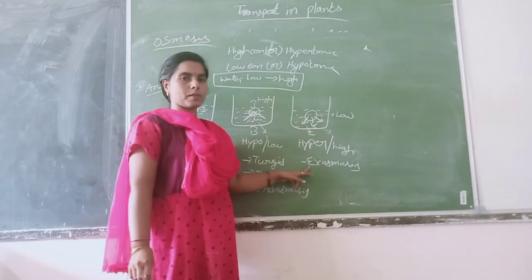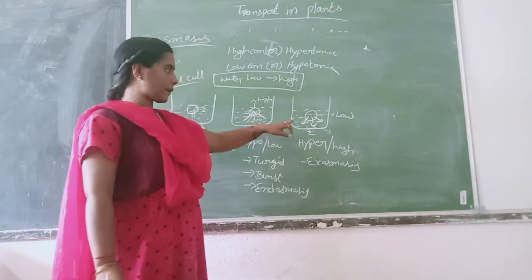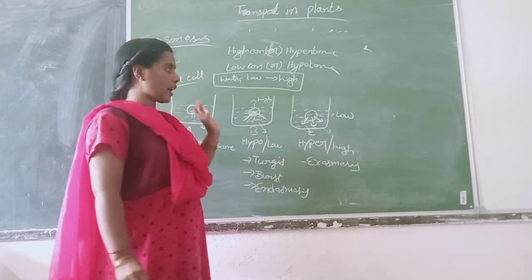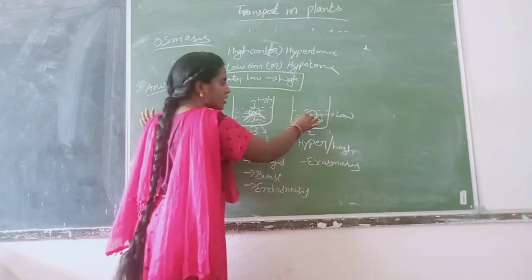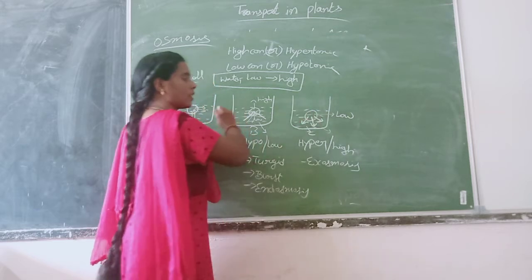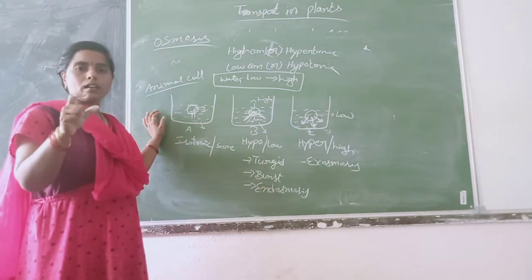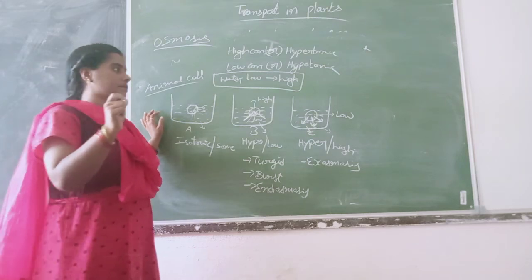So in this case water will come out. This is exosmosis. What changes will take place in the cell? Due to the loss of water, the animal cell shrinks.